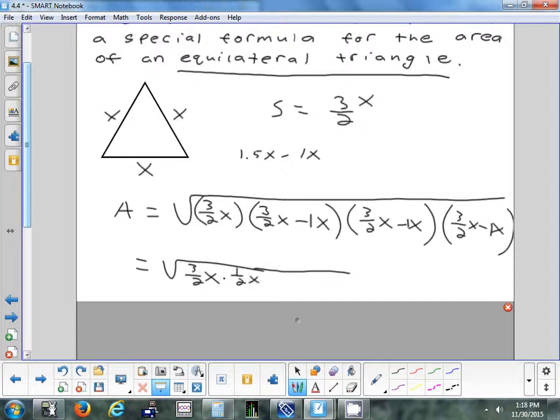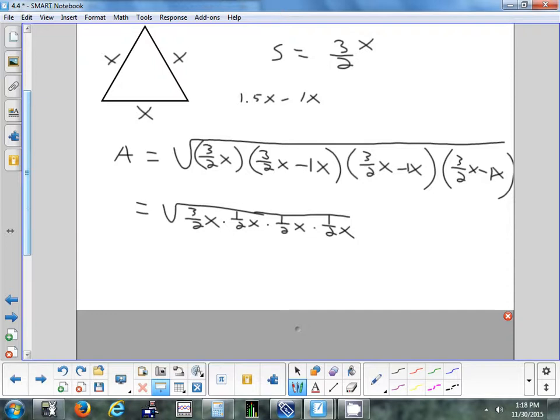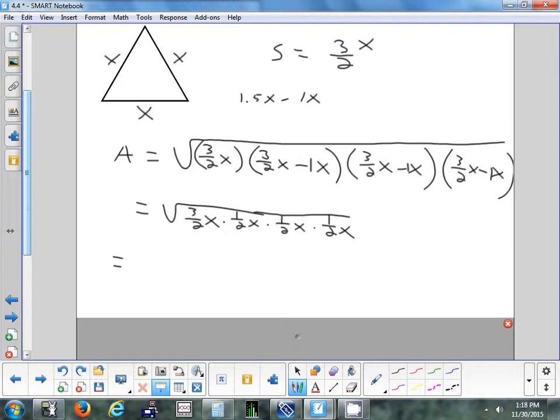So 1/2 x times 1/2 x times a 1/2 x. So this says 3/2 times x times a 1/2 times x times a half times x times a half times x. When I multiply, does the order I multiply things in matter?